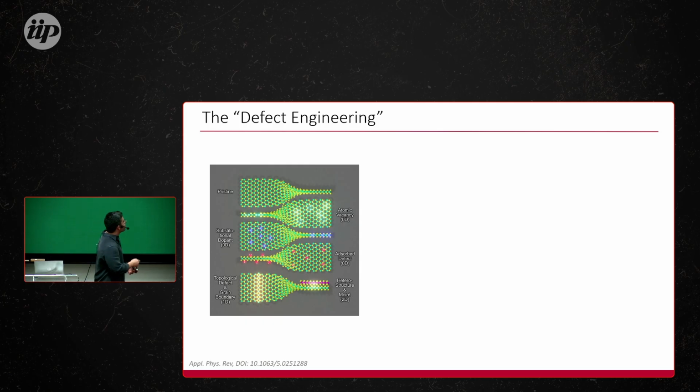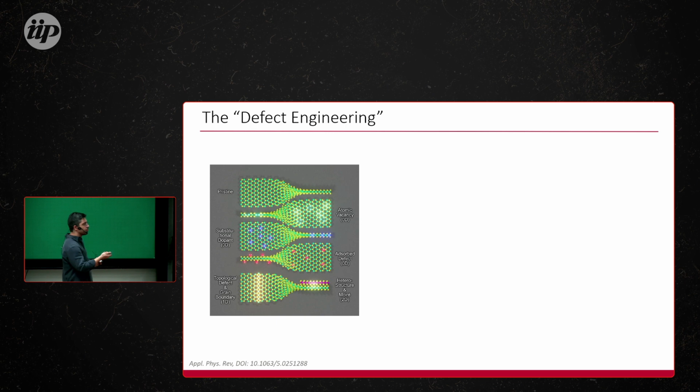So, what exactly is the approach? The material I'm going to study for this defect engineering is basically made of atoms, and I'm going to demonstrate later, it's an intercalation between transition metals like molybdenum, tungsten, tantalum, and some chalcogenides.